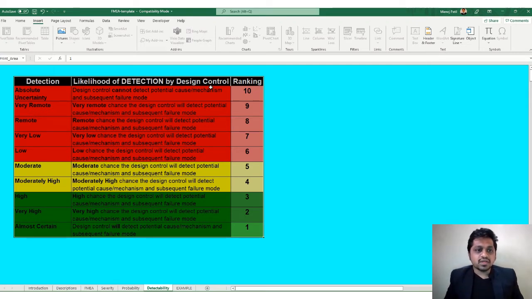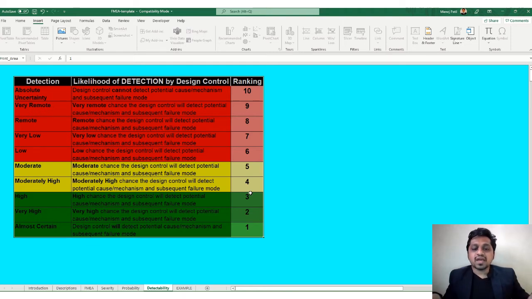So here we have detection, the likelihood of detection by the design control. Absolute uncertainty means the design control cannot detect the potential cause. There is no such mechanism involved in the machine that will take care of that, and that's why we have given the 10 ranking. Then again we have low, moderate, high, very high. Very high detection capability means we have taken care, we have given some sensors, some mechanisms that will prevent the failure.